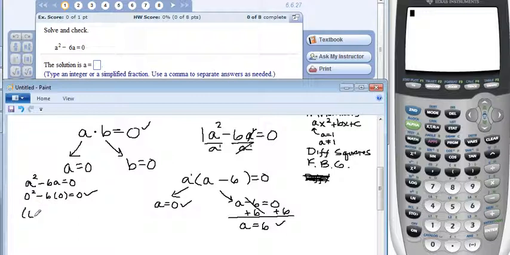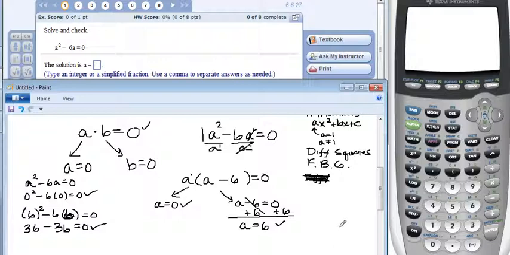So we would have 6 squared minus 6 times 6 equals 0. All right, 6 squared is 36. 6 times 6 is 36. 36 minus 36 gives 0. So there's my two answers, 0 and 6.